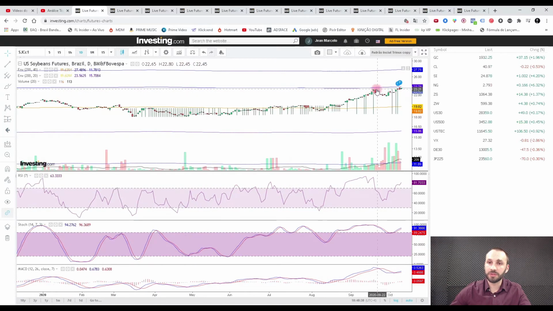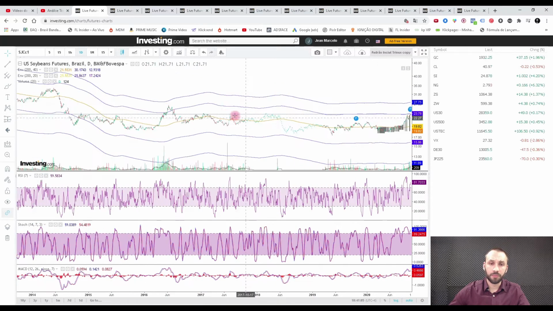Why do I say that? Look at this. On the 18th of September this year, the price approached this envelope at 23.64 and made a movement down, and it fell to $21.86.